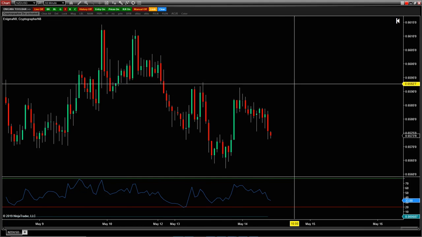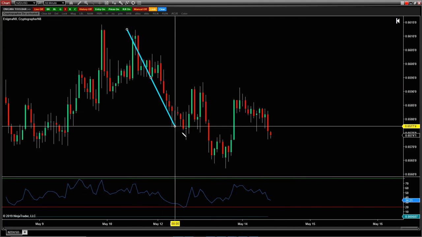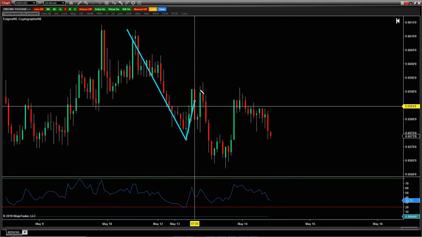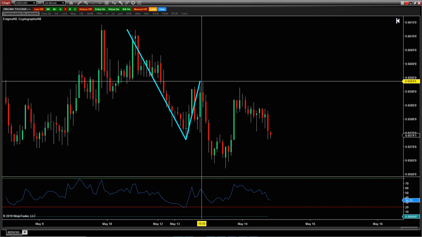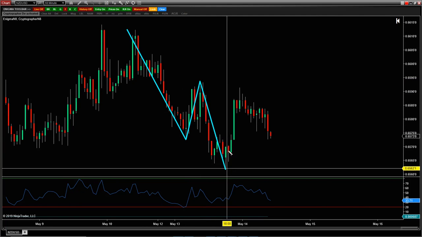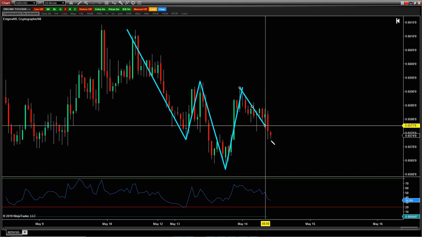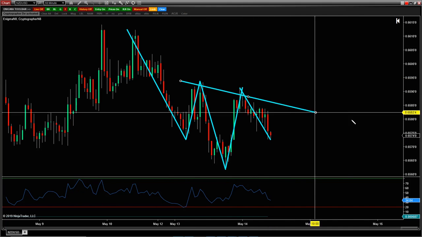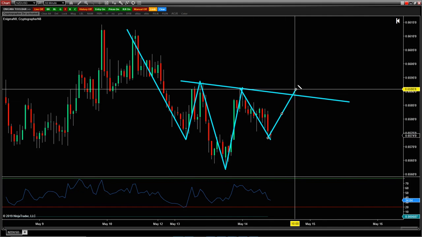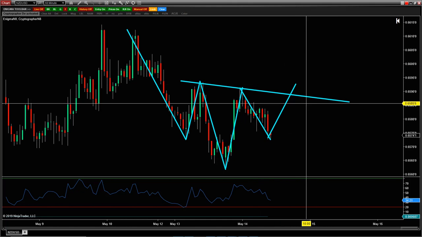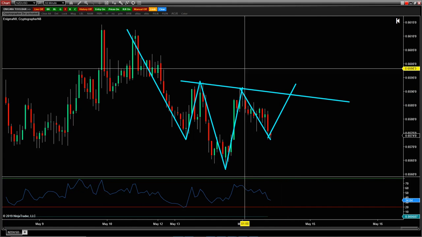Could be putting in a head and shoulders type of situation on the 60. You can see we rallied down, we retraced, putting the head down there. Could end up being a right shoulder. Again, the key would be this break above and close above this line. Not a lot of room to continue higher, but it could be an opportunity.